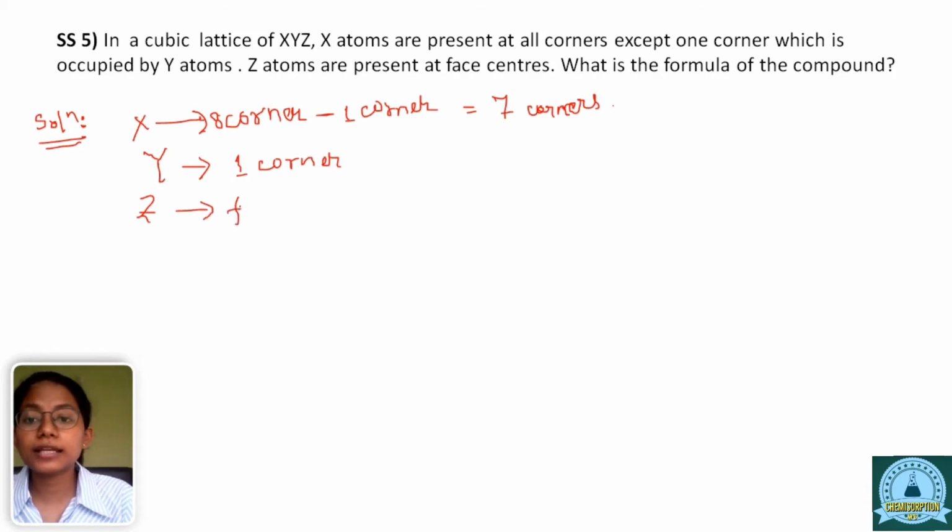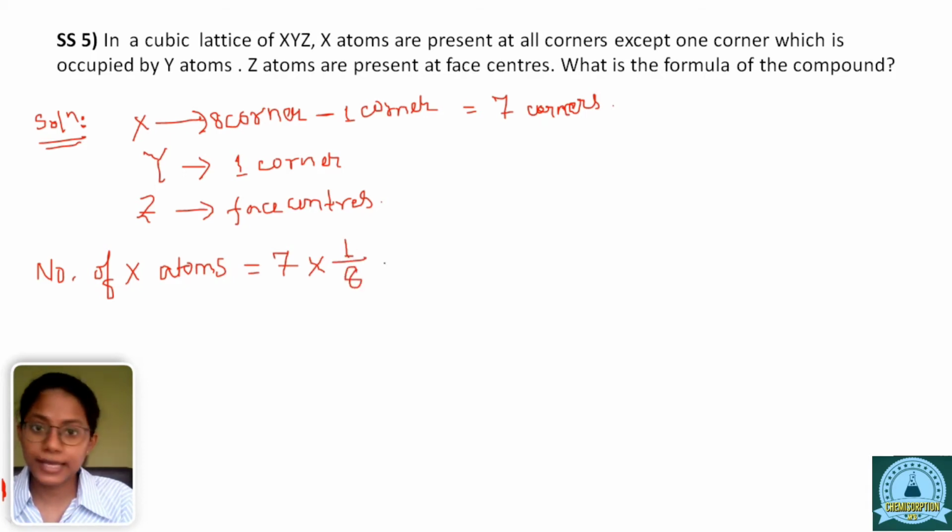Now the number of X atoms is equal to the number of corners occupied by it, 7, and the contribution by one corner is 1 by 8. Therefore the number of X atoms would be 7 by 8.